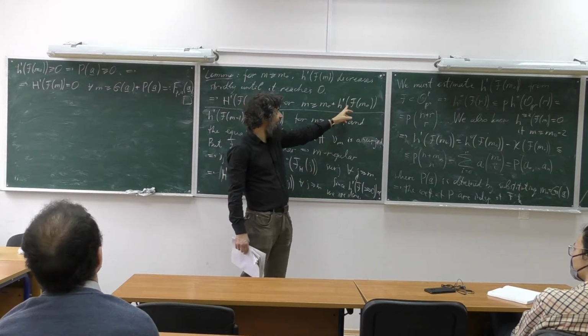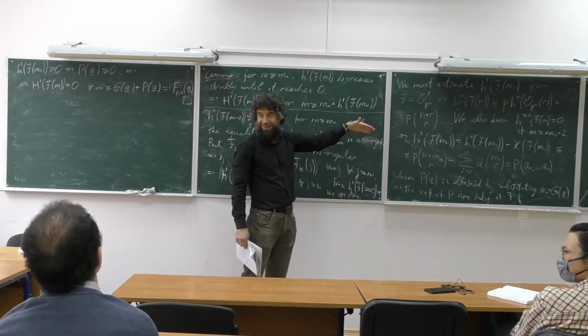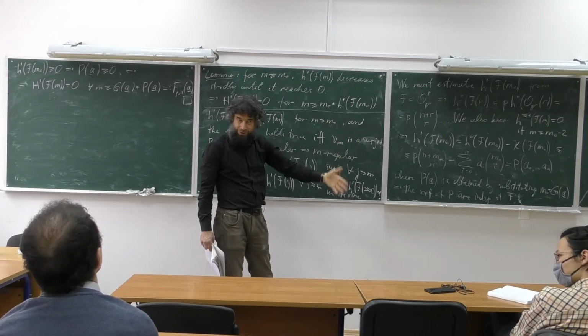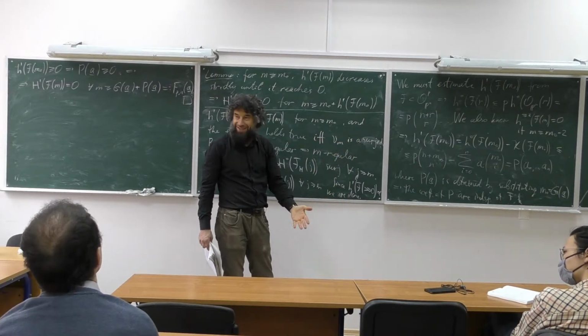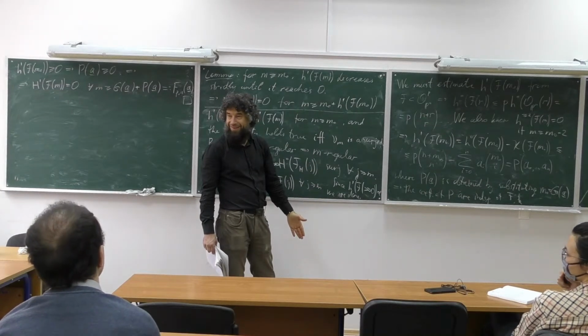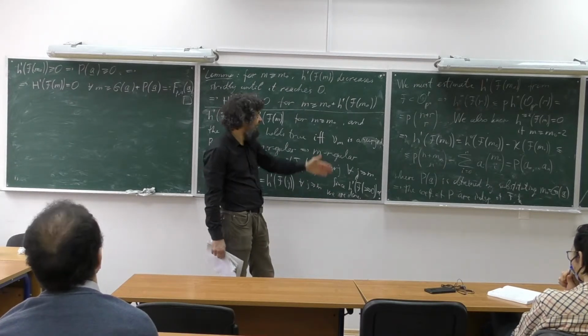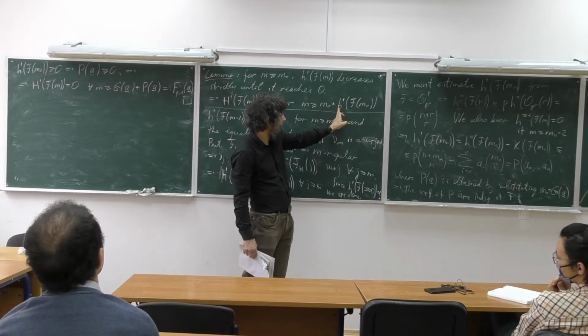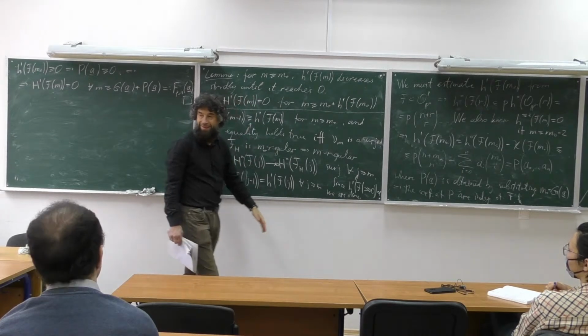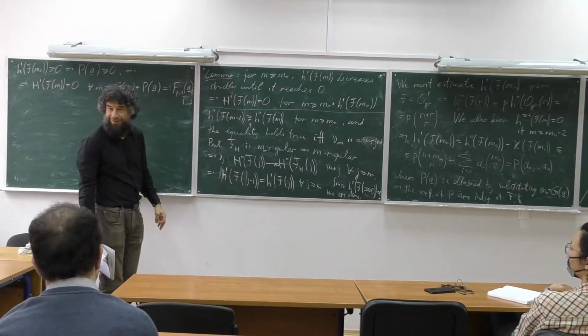Then it became at least 1 less. At the next step for m plus 2, it became at least 2 less. For m plus 3, at least 3 less. Until it goes down to 0. So we know that whenever you make h1 steps, you are down to 0, or even before this.